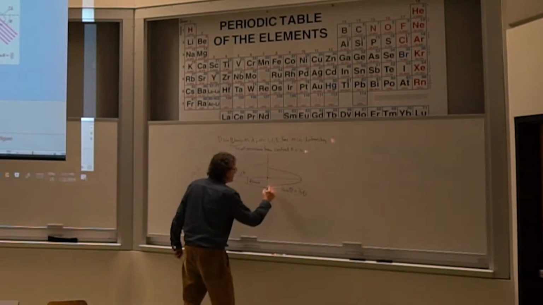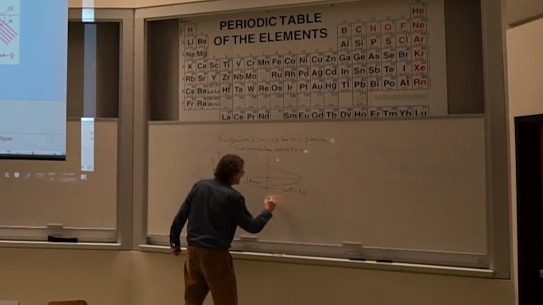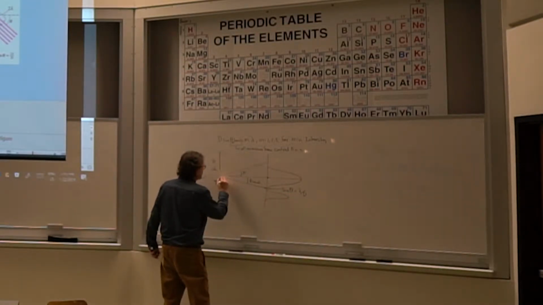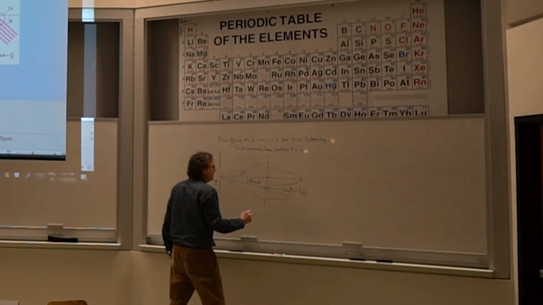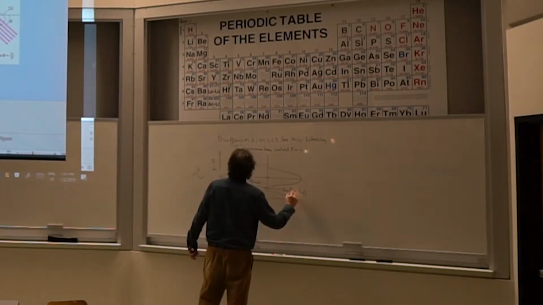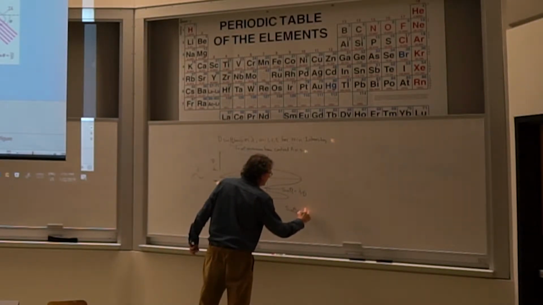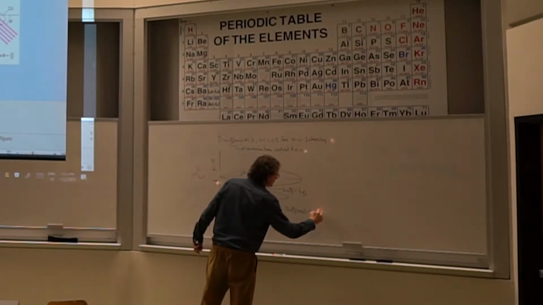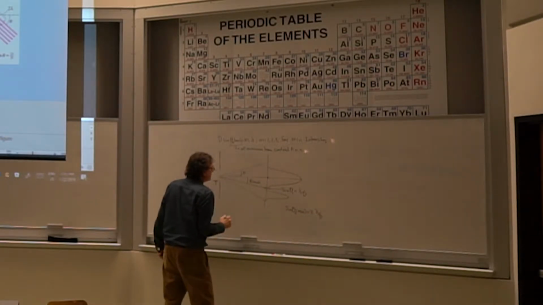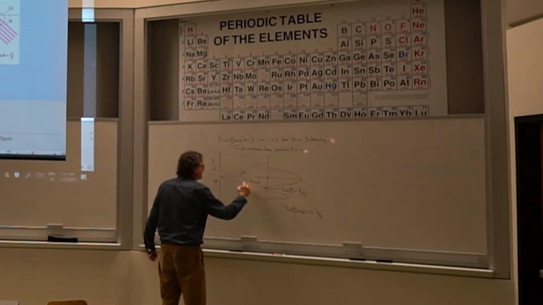Similarly, there will be another intensity minimum over here, where sine theta 2 min will be equal to 2 lambda over d, and that would be theta 2.